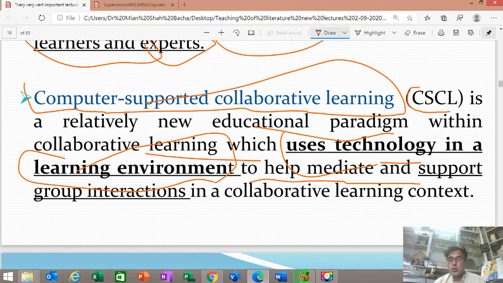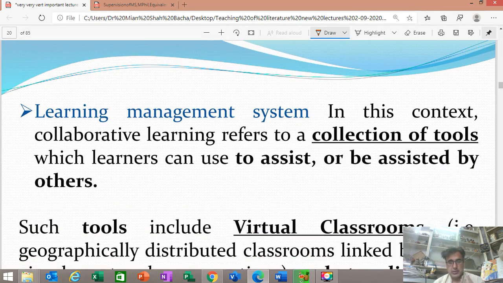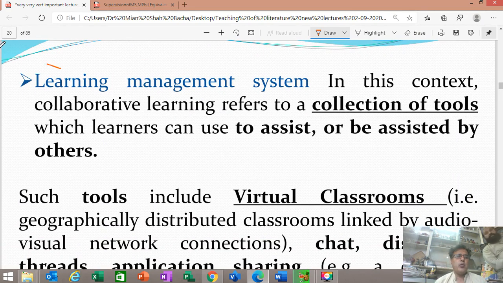So we are still teaching you through LMS and this laptop, and we have the learning management system, LMS. We are using this nowadays.